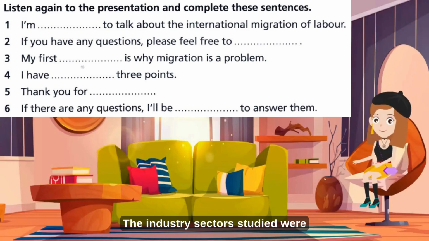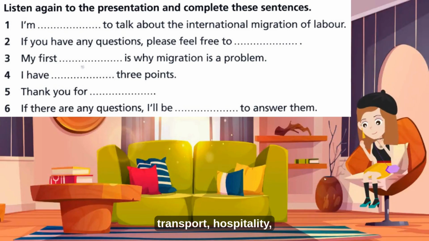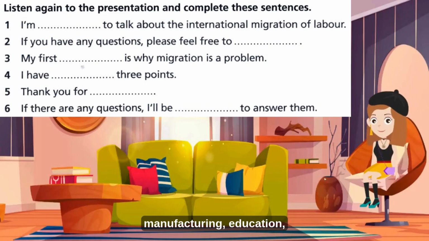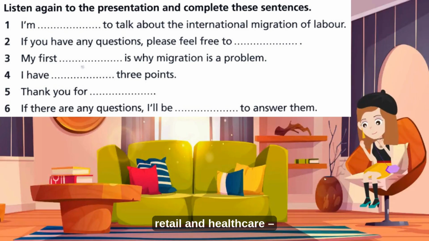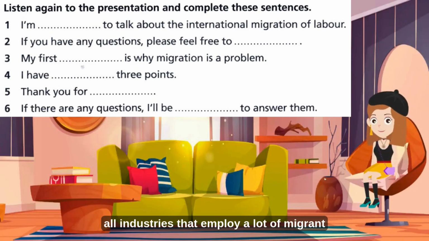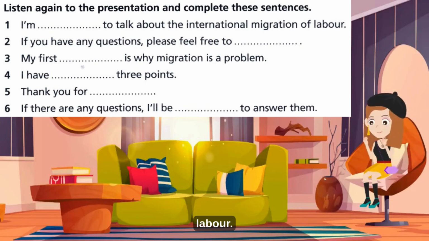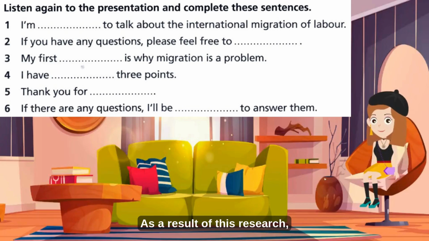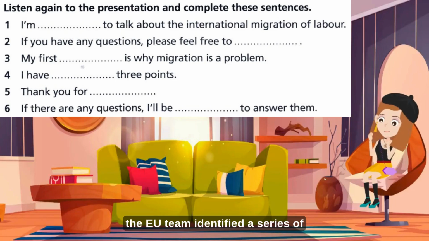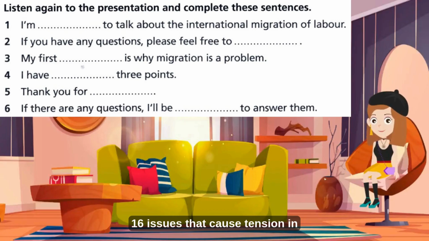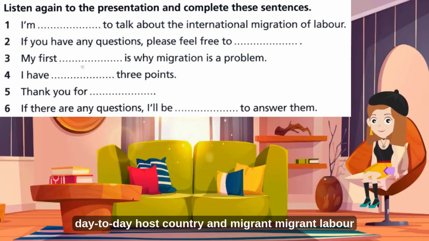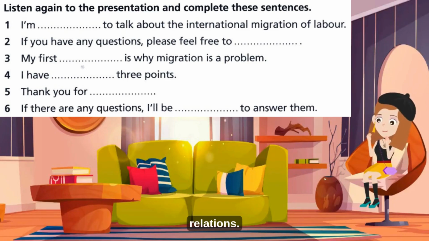The industry sectors studied were transport, hospitality, manufacturing, education, retail and healthcare, all industries that employ a lot of migrant labour. As a result of this research, the EU team identified a series of 16 issues that cause tension in day-to-day host country and migrant labour relations.